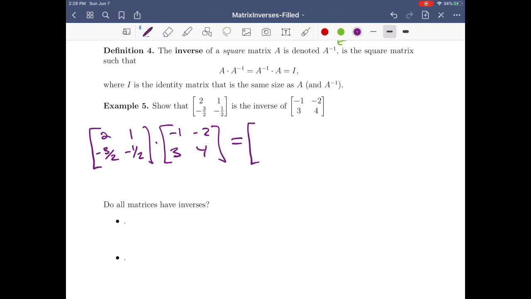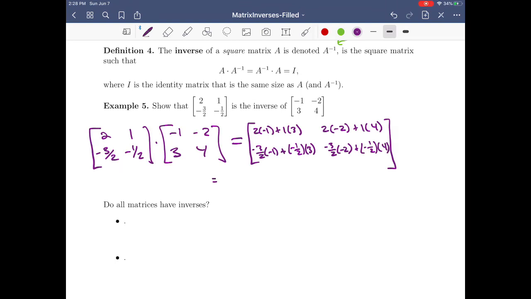If I take row 1 times column 1, it's going to be 2 times negative 1 plus 1 times 3. Row 1 times column 2, 2 times negative 2 plus 1 times 4. And then I'm going to have negative 3 over 2 times negative 1 plus negative 1/2 times 3. And then negative 3 over 2 times negative 2 plus negative 1/2 times 4.